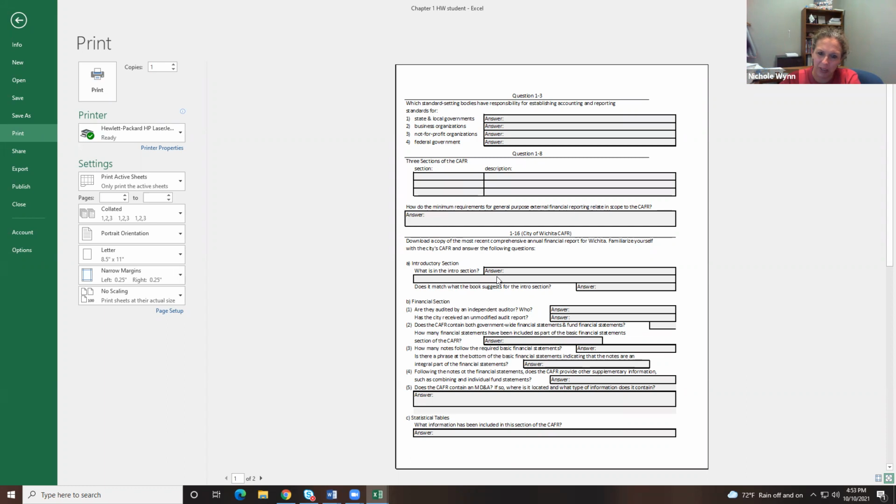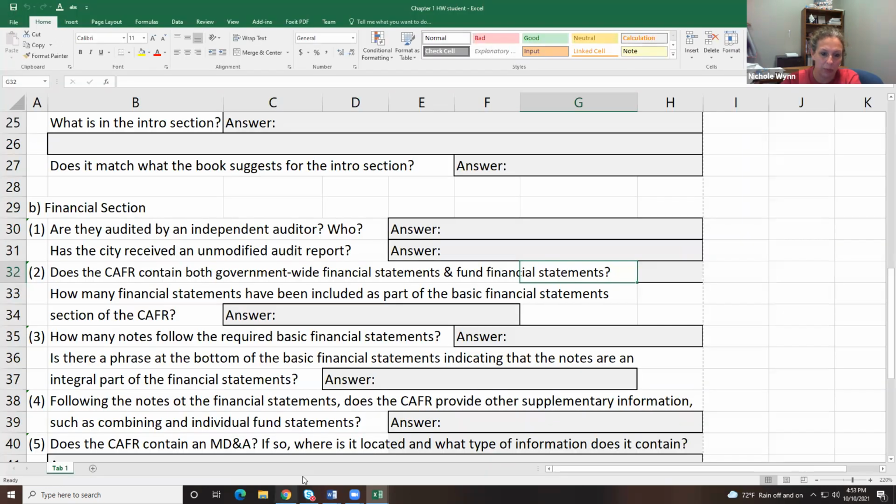When I gave you 2 rows like this, it's so that you have enough room to write. Does it match what the book suggests should be in the intro section? Are they audited? By who? Is there an unmodified audit report? Does the CAFR have government-wide financials and fund financials? How many? You're just going to answer those questions, and when you're done, you're going to upload that to Moodle.